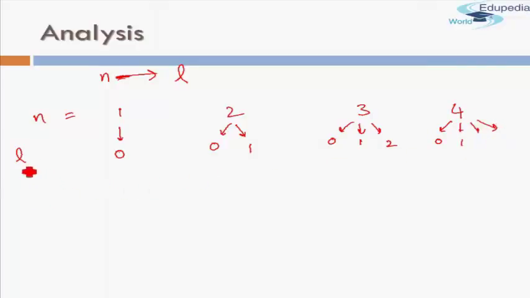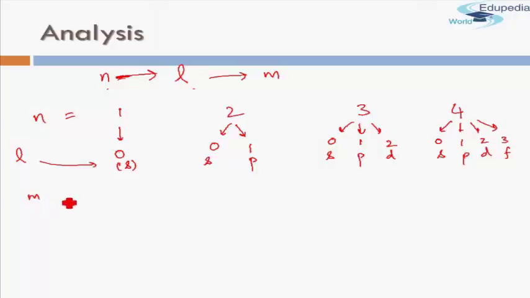Then each subshell is further divided into various orbitals. So shell, subshell and orbitals. The 0 subshell is denoted by s, then p, then d, and after this f.